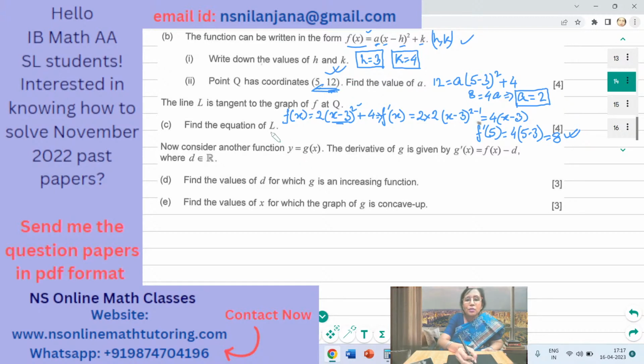So let us try to write the equation of the line.